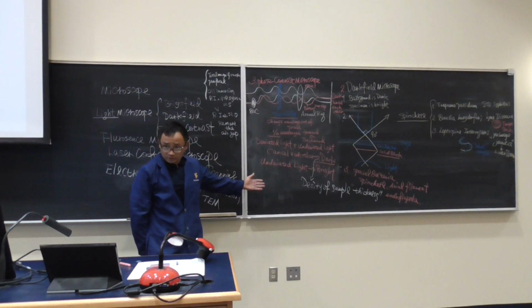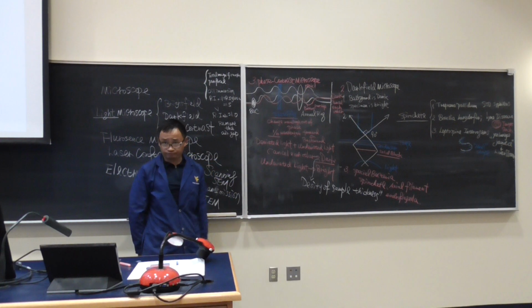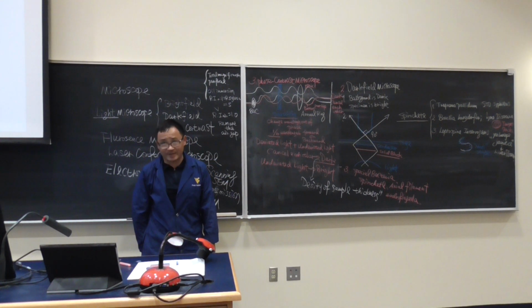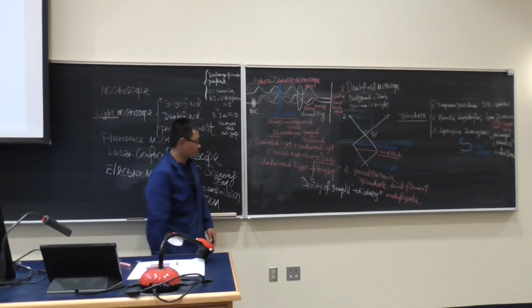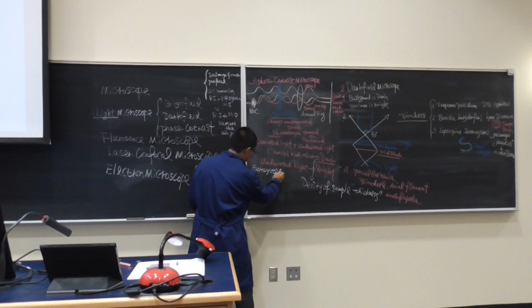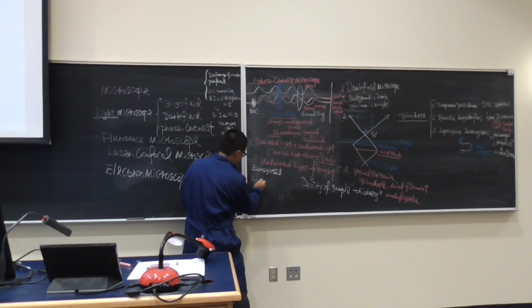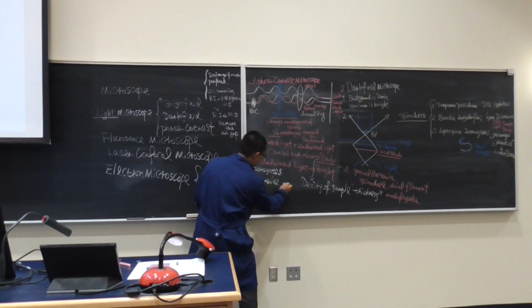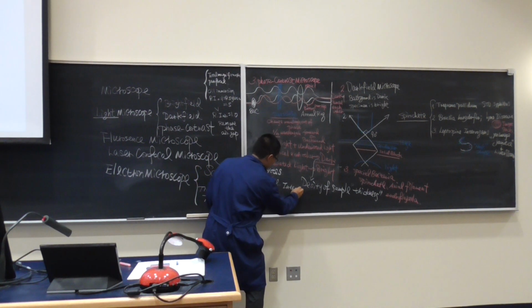So, what's the good advantage of this microscope? You can see some of a live bacterial cell internal structure. That is important, especially for some eukaryotes, let's say Saccharomyces cerevisiae. You see the internal structure.